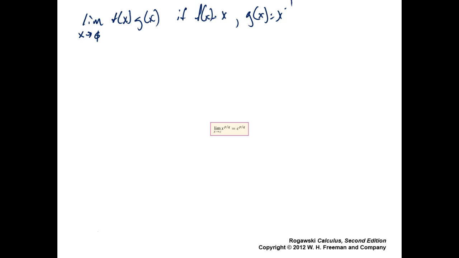Okay, number 2. Which of the following is a verbal version of the product law? I guess that's what I was looking at, assuming the limits exist. The product of two functions has a limit. Well, if both functions have limits, then yes, that's true. But the second one says the limit of the product is the product of the limits.